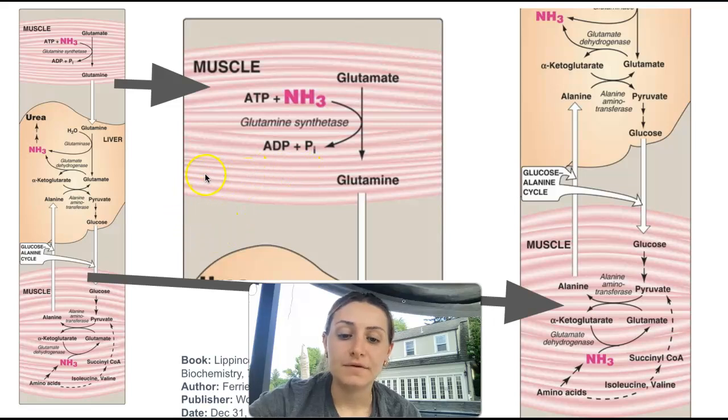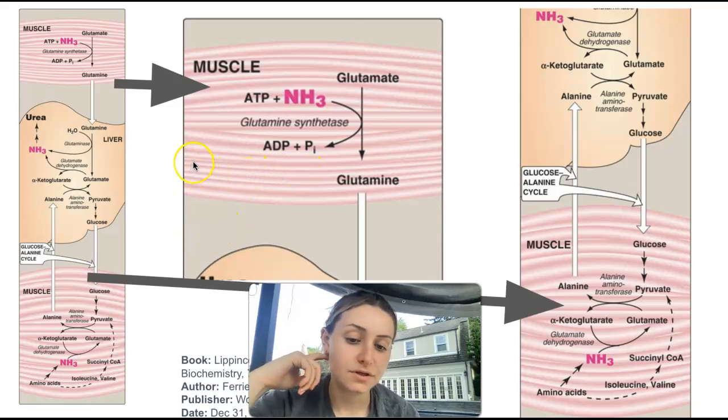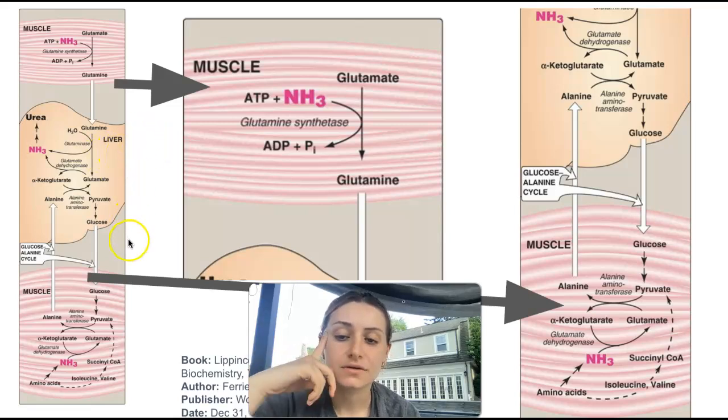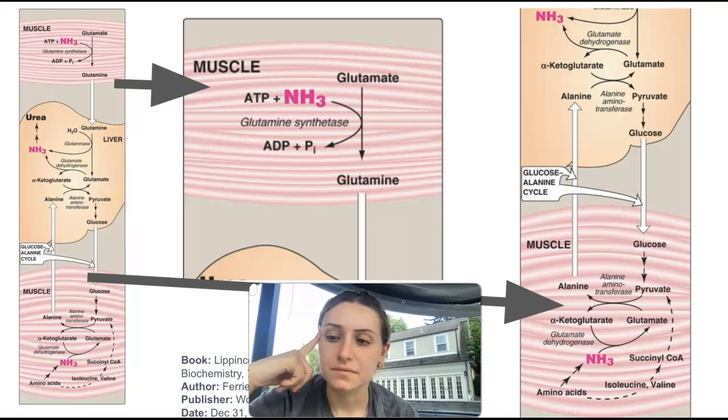So instead of ammonia, which can't be safely transported through the blood, we can use glutamine to transport the ammonia, and then once it's in the liver, it can be converted back to the ammonia for disposal through the urea cycle through an enzyme called glutaminase. So that is the first option.